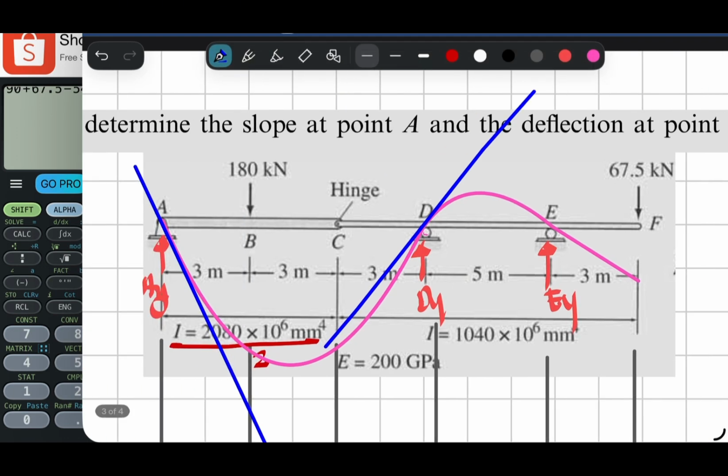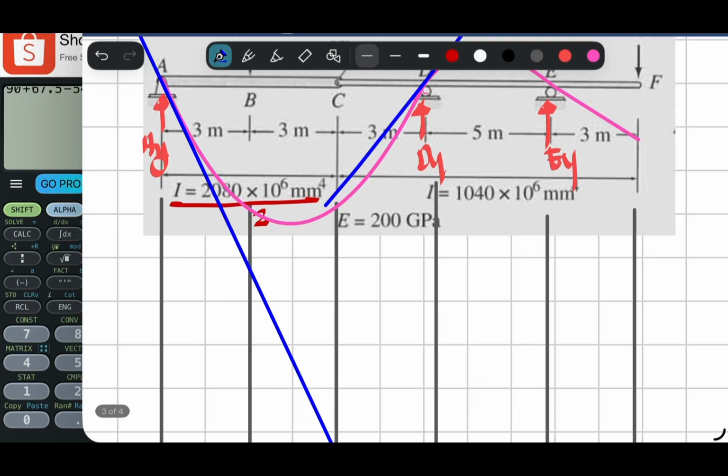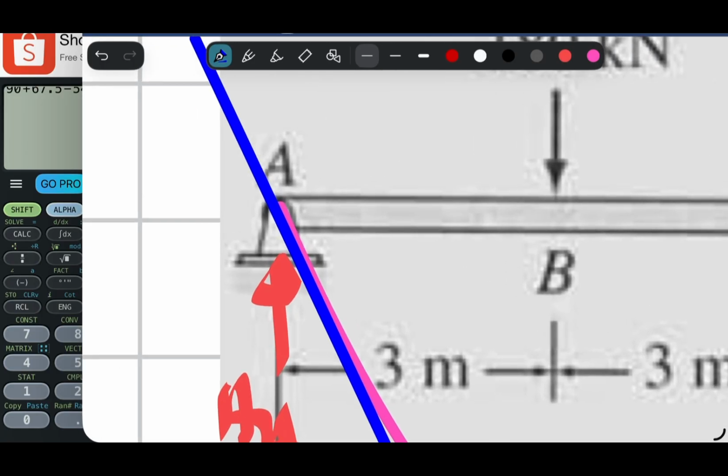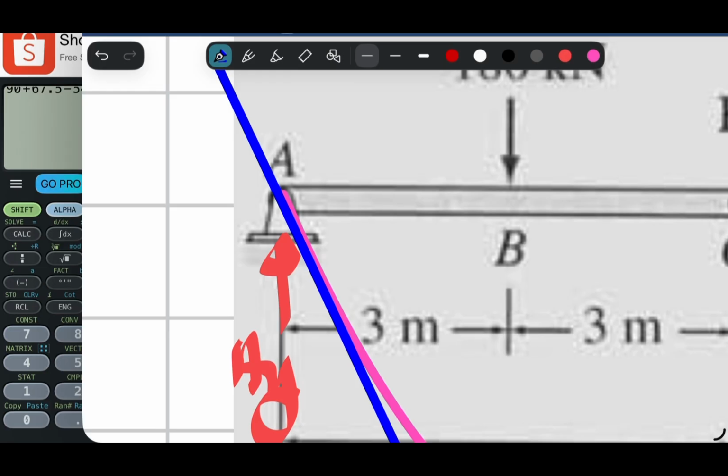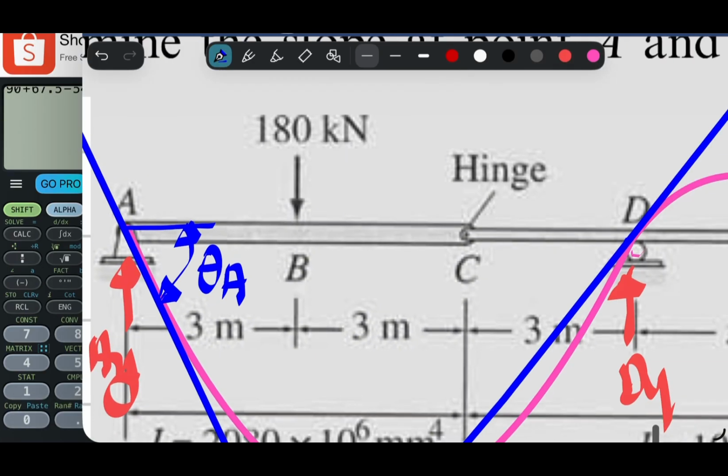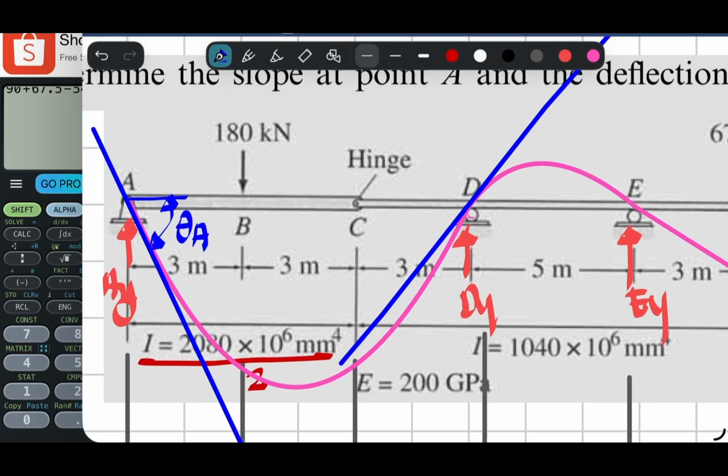Okay. So, unsa na itong solve si theta A. Nara si theta A. At point A, so muna ang original niya position. Tapos, kani din siya iyahang angle. Theta A or slope.